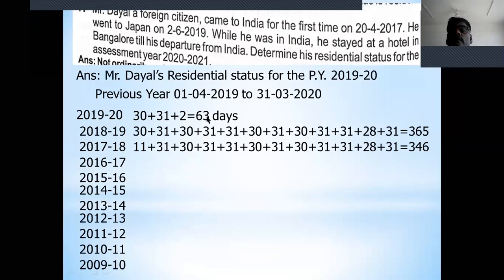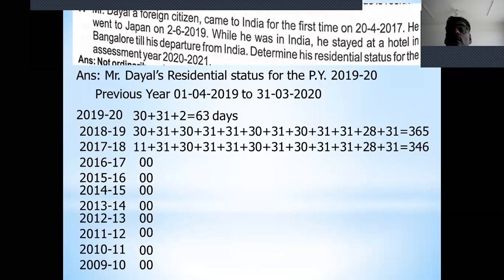He will not satisfy the first basic condition. Then you have to check for the second basic condition. Before this period, he is not in India. You see here, I have given zeros for all the years. First time he came to India on 20th April 2017. Before this date, he is not in India.